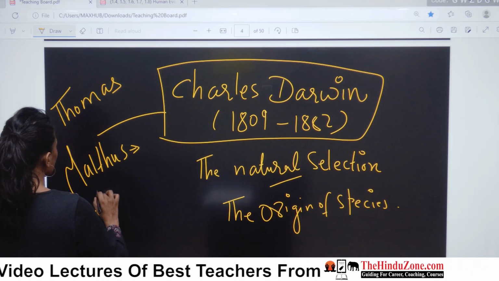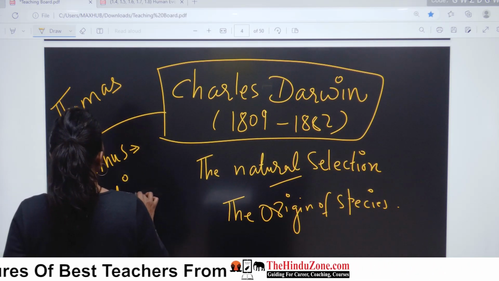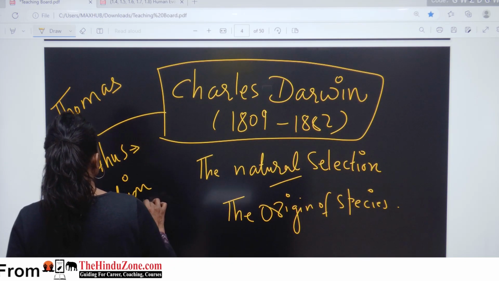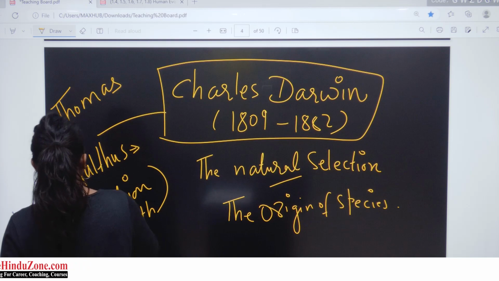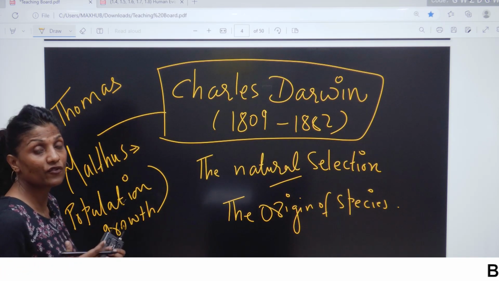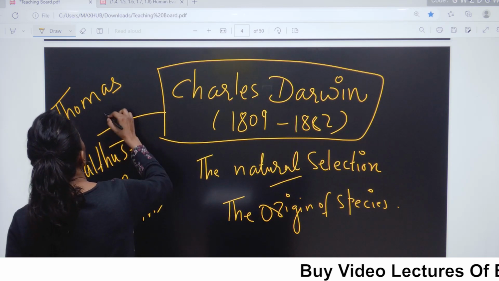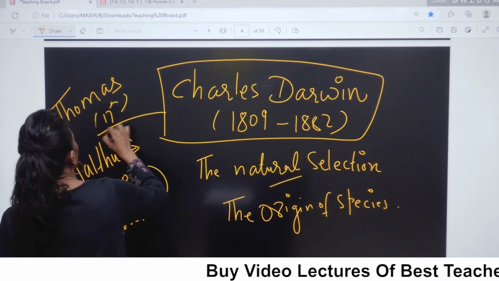So Thomas Malthus has given a very important theory on population growth and what the repercussions will be if we have unchecked population growth. Thomas Malthus was writing in the 17th century, right?